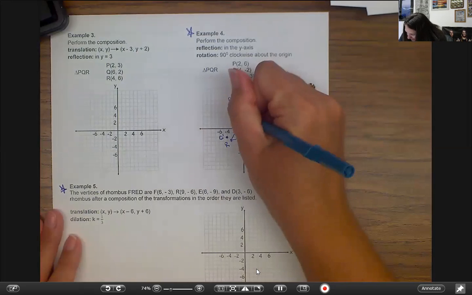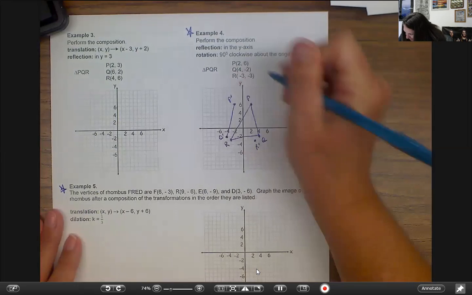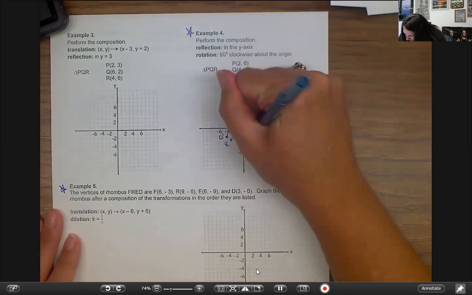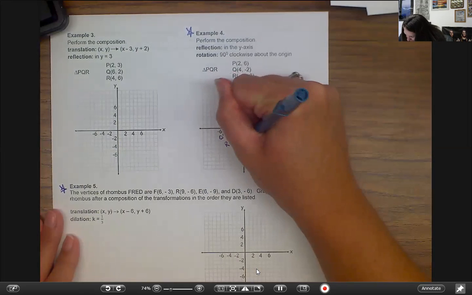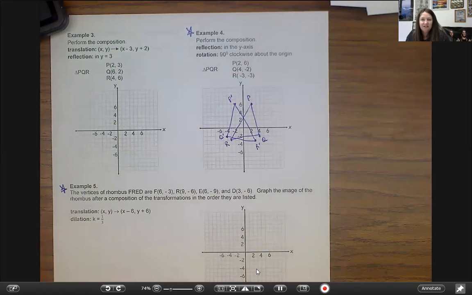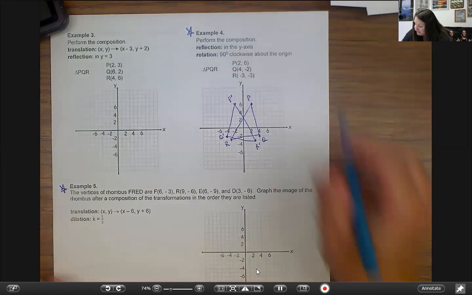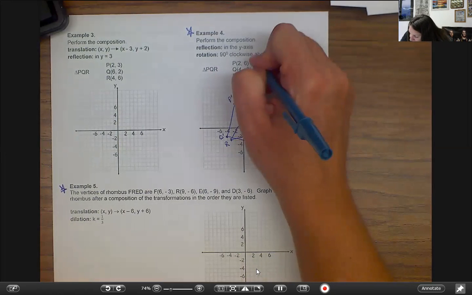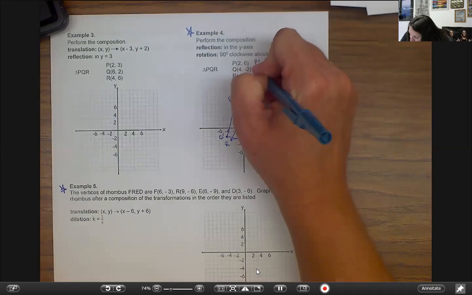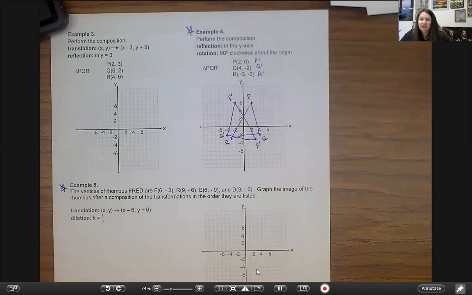So now I have that triangle there. It flipped over your y-axis. Now we do want to make sure that we have these coordinates correct, because you want to know each step of the way, because we're going to do them in that order.